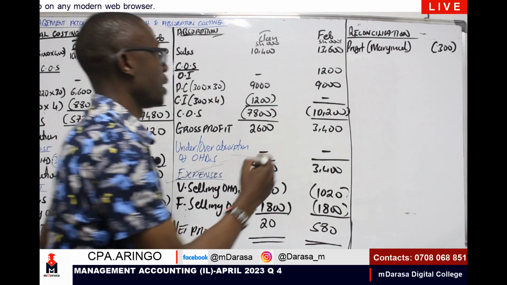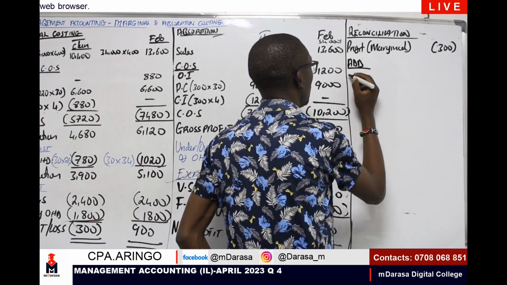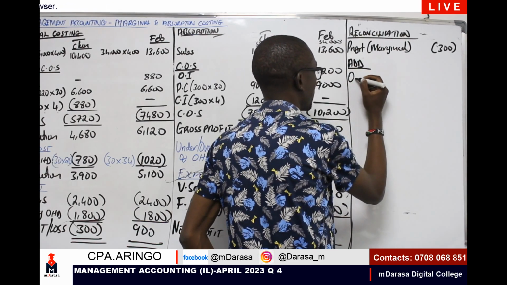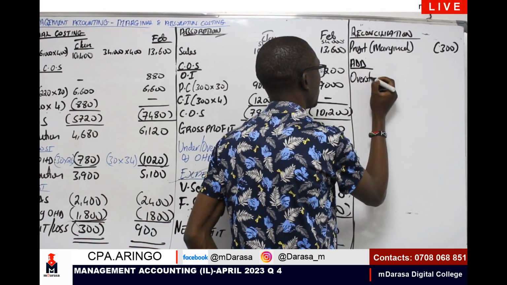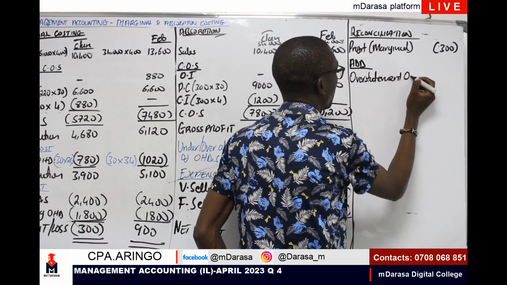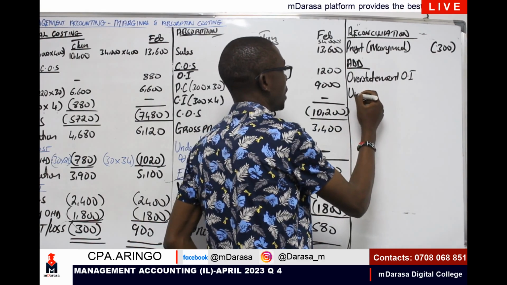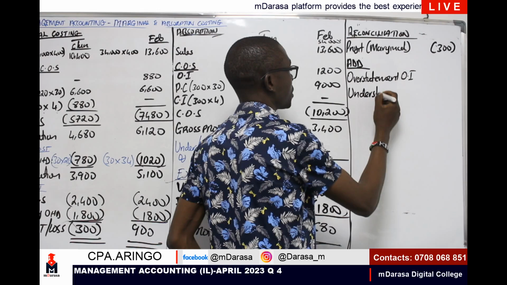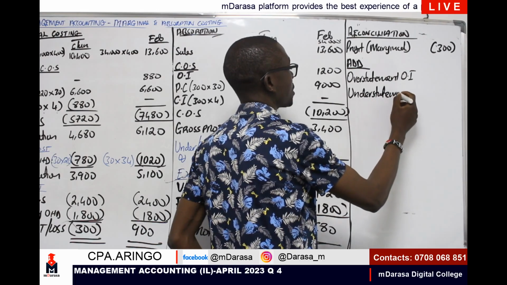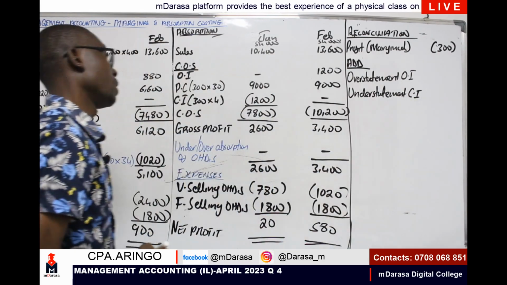After that, we add overstatement. O will stand for overstatement. Overstatement of opening inventory. Then we add again understatement: understatement of closing inventory. Okay?